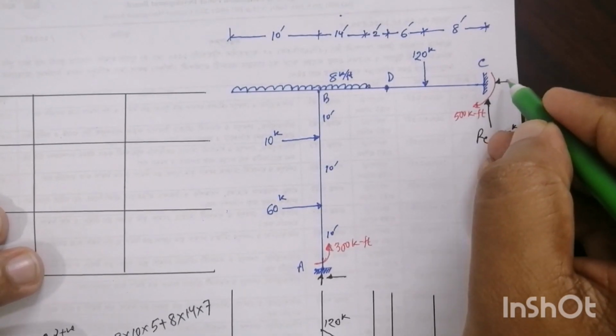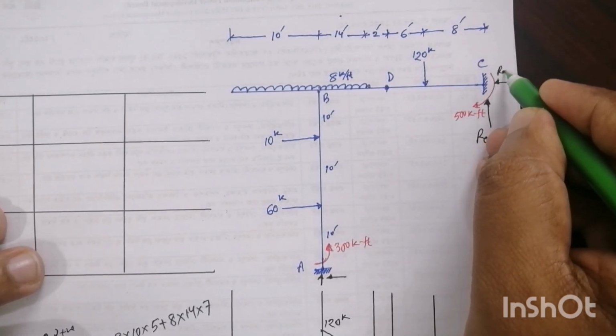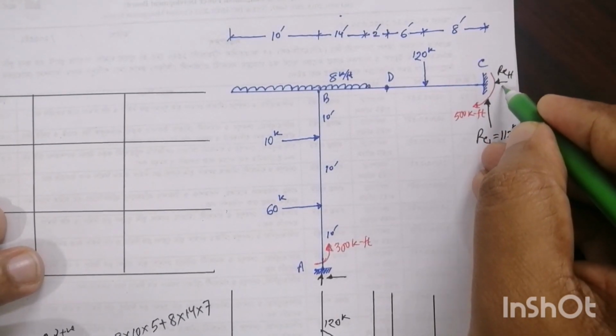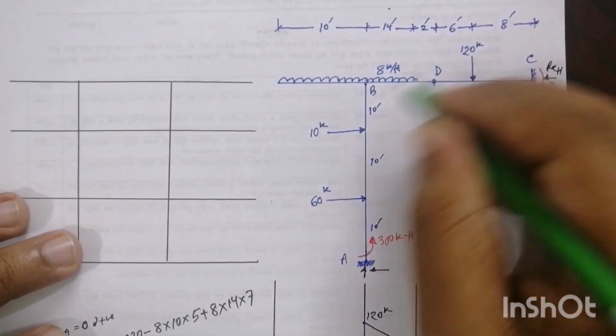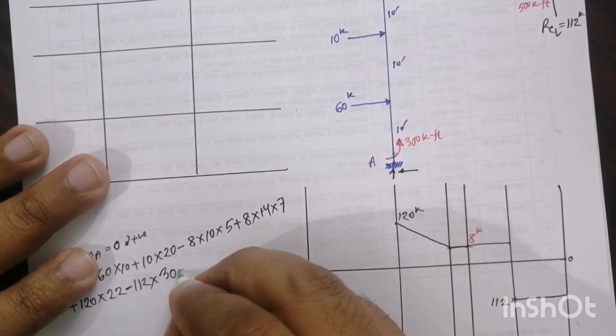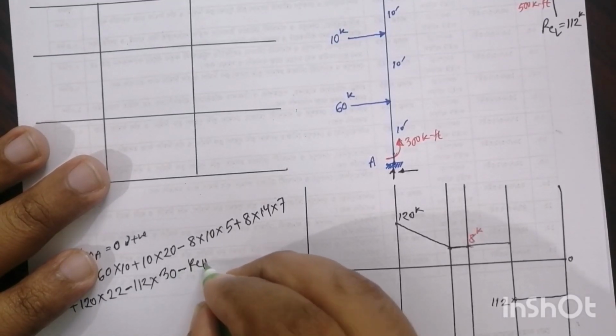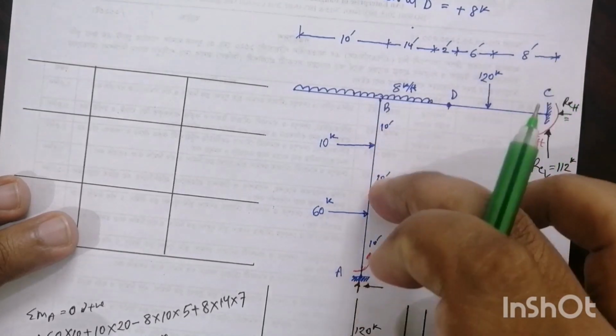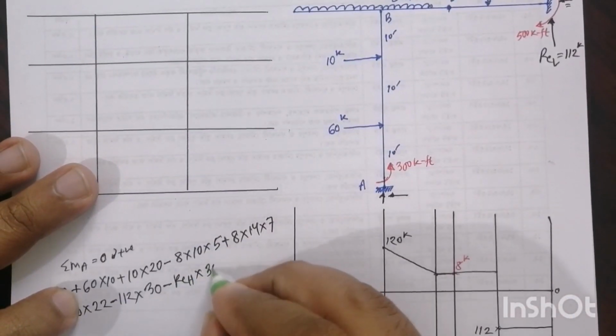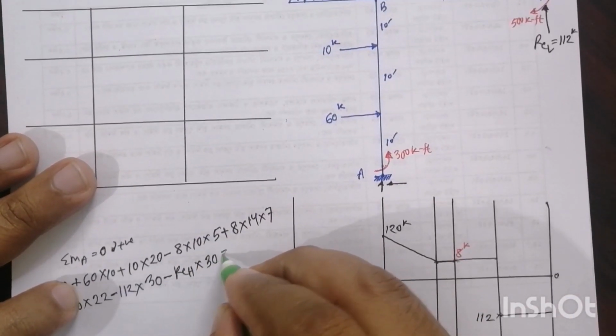Now this RC horizontal is anti-clockwise, minus RC horizontal into this distance, 10, 10, 30, equal to 0.